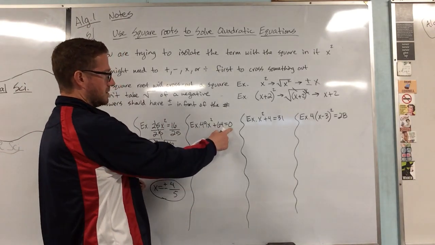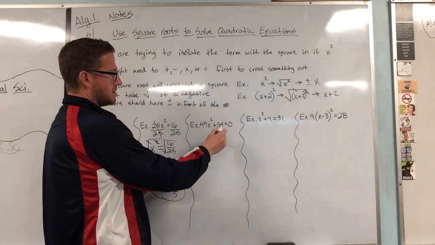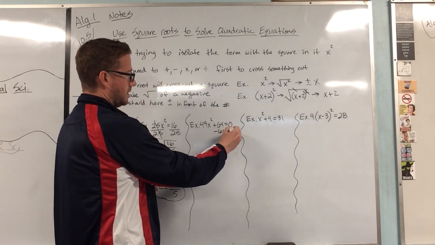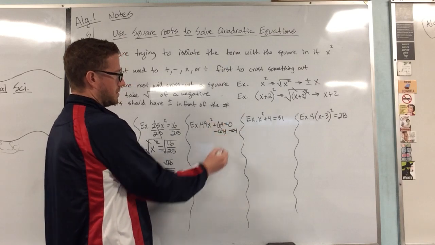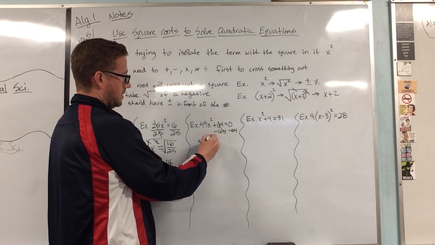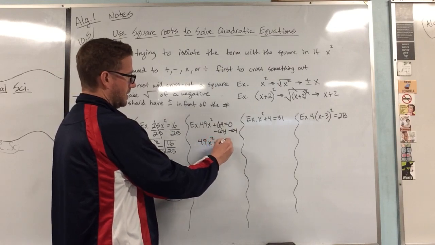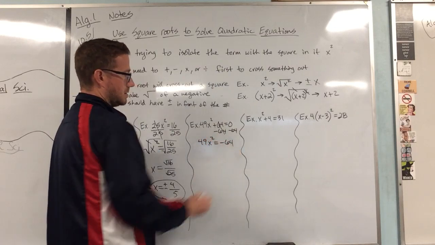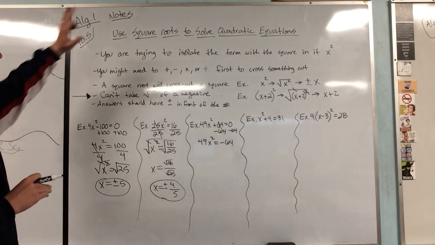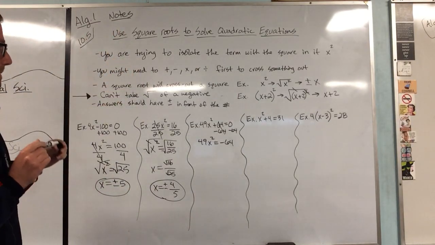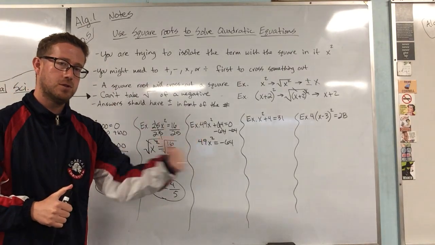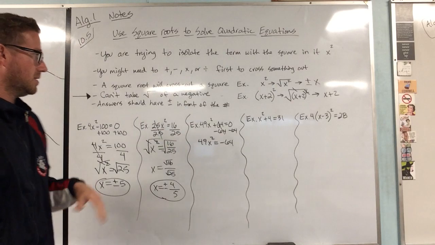All right, next one. Here we go. Got a 0. I can get rid of that 64 by subtracting it from itself and subtracting it from 0. So that goes away. I have 49x squared equals a negative 64. Now, if you're looking closely at this problem and you're looking closely at the notes up here, maybe you're able to see kind of into the future, if you will, something special about this.